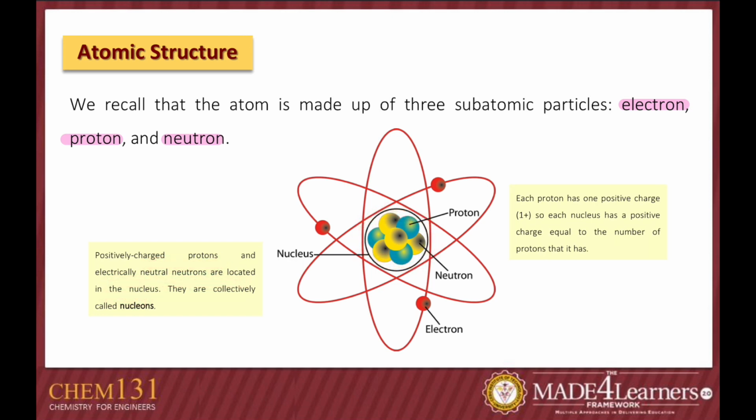And collectively, the two together are called nucleons. Well, it's understood already why they're called nucleons because they're located inside the nucleus of an atom. So, because the neutron is uncharged and proton has a positive charge, therefore, the charge of the nucleus is just equal to the charge of the proton.